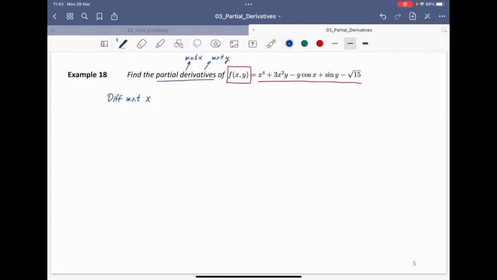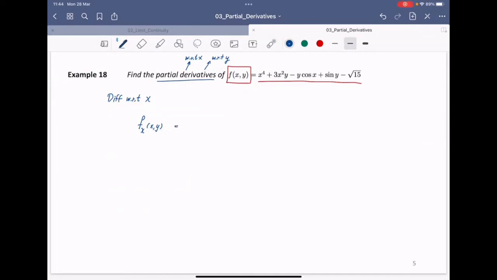My notation is f sub x. If we write f with subscript x, this means you differentiate f with respect to x, which means you keep y as your constant and differentiate x.